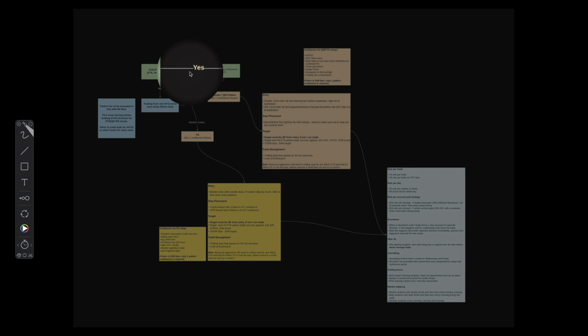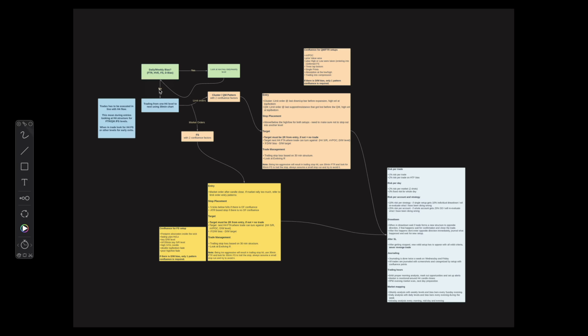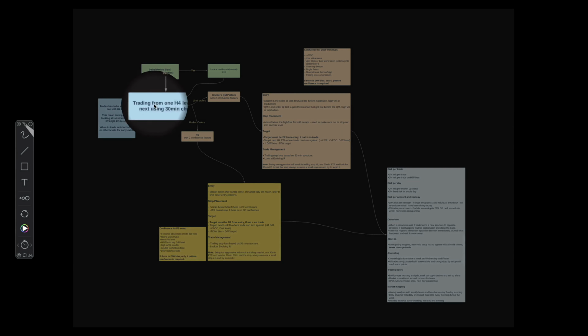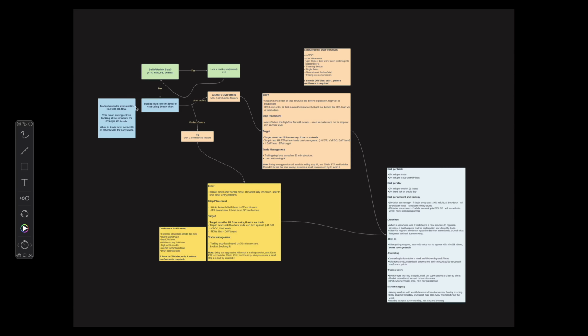If the answer to this is no, if the market is trading nowhere, I am trading from one H4 level to the next using the 30-minute chart. And this is an important disclaimer: trades have to be executed in line with H4 flow.